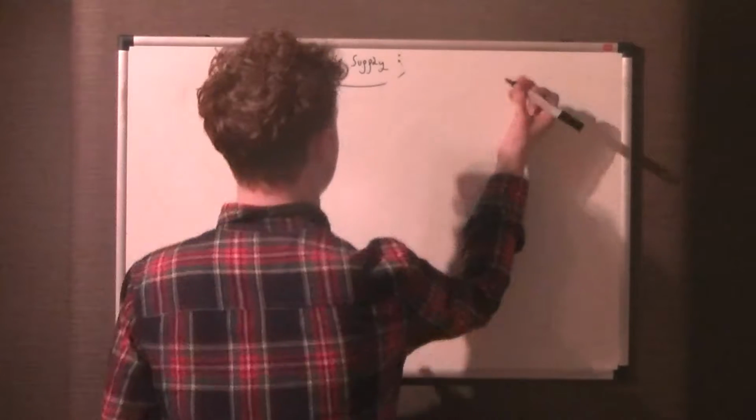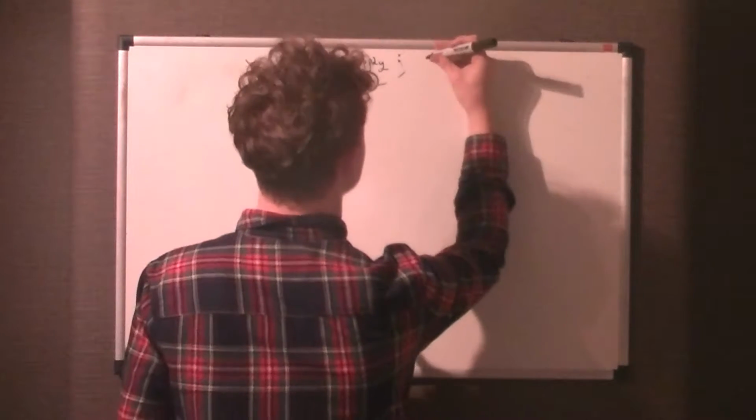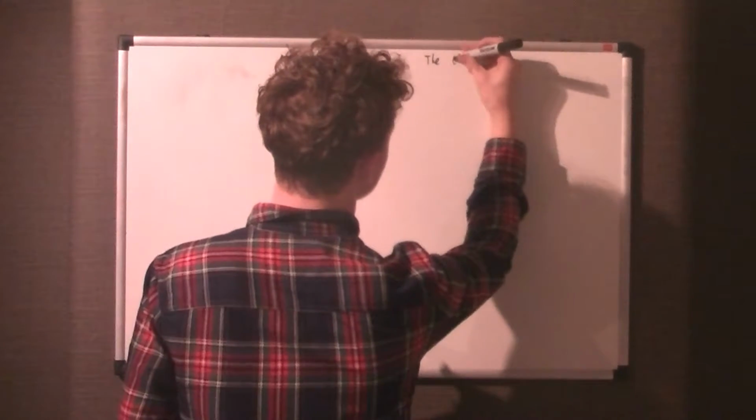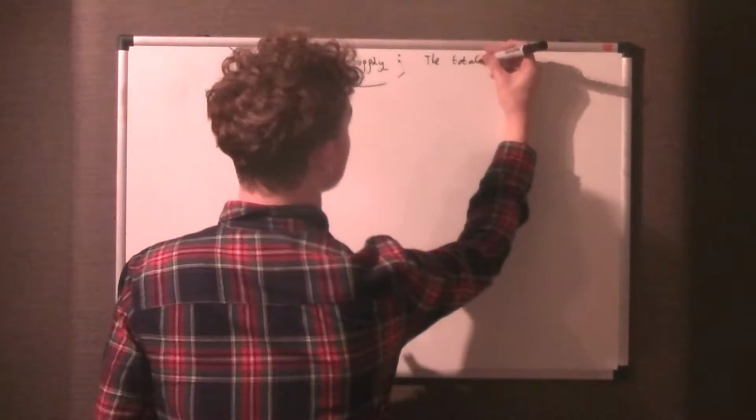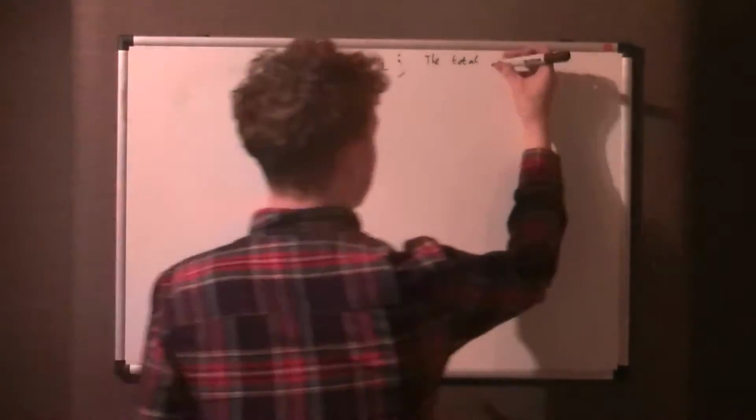I'm going to write it at the top and I'll leave it on for you to copy down. So, aggregate supply is the total output.